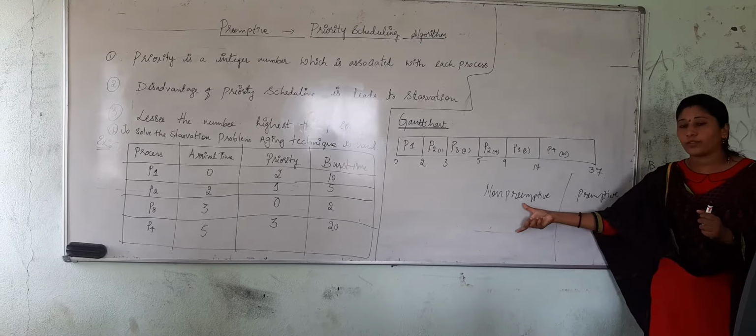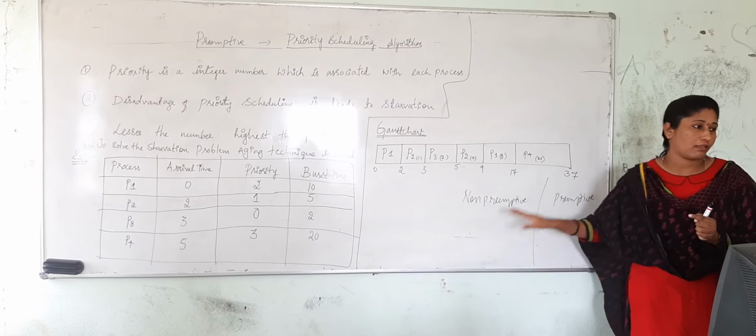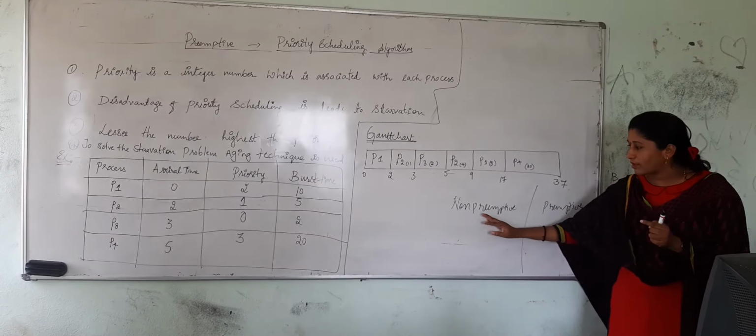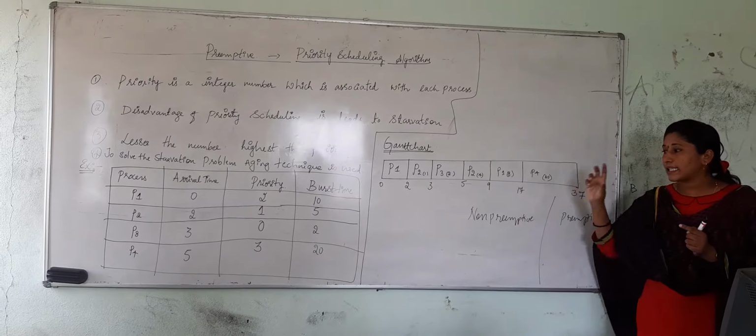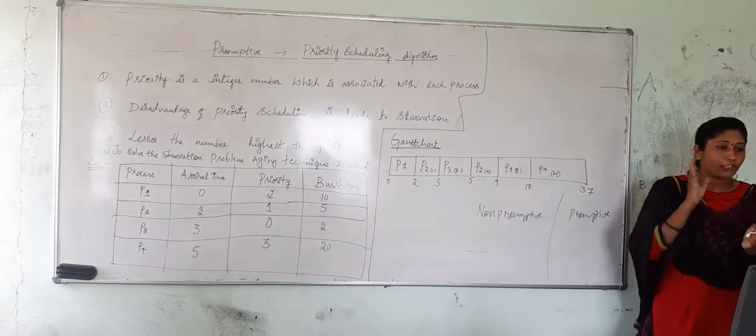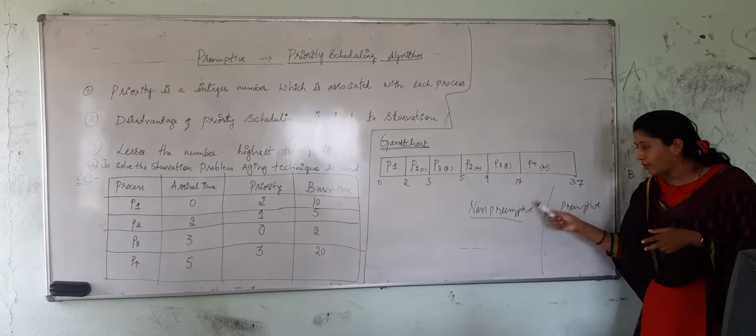Whenever we are solving with respect to non-preemptive, there is no interruption of any process. There is no disturbance of any process once it has entered the CPU for execution. Until and unless its burst time gets completed, it is not supposed to allow the other process. This is in case of non-preemptive.